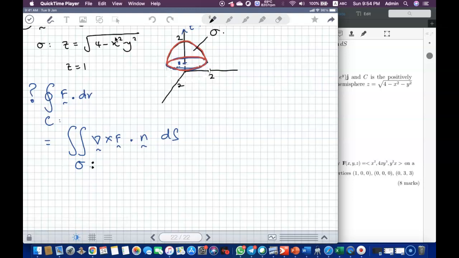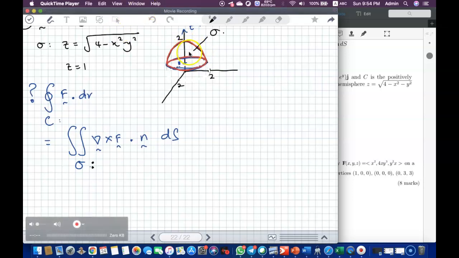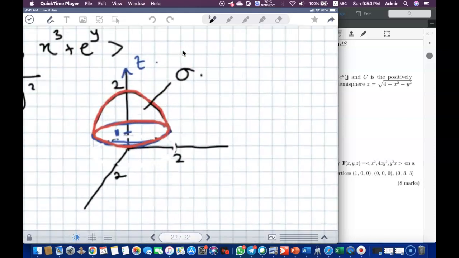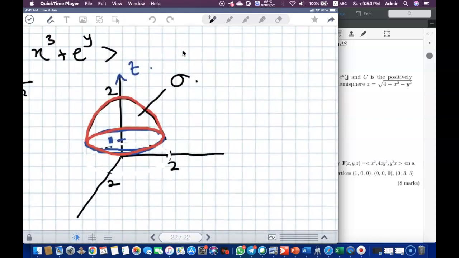In this case, your surface is given by the hemisphere, which is z equal to the square root of 4 minus x squared minus y squared. Remember I told you, what kind of function do you have here? You have z as a function of x, y. This is your surface sigma.